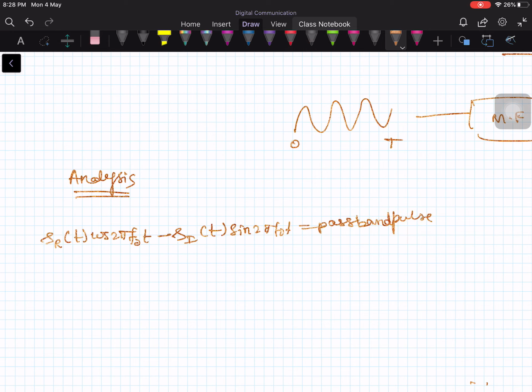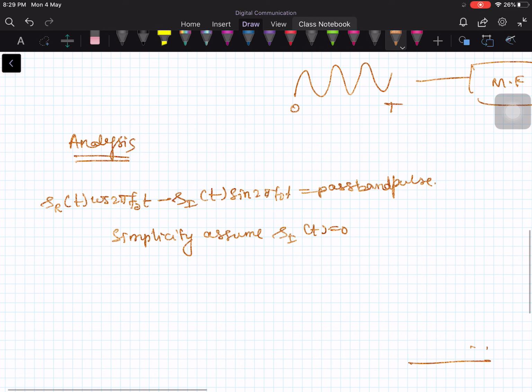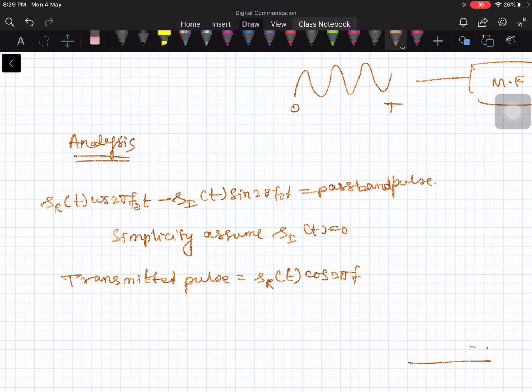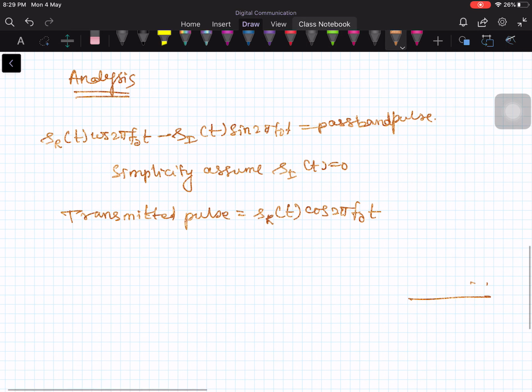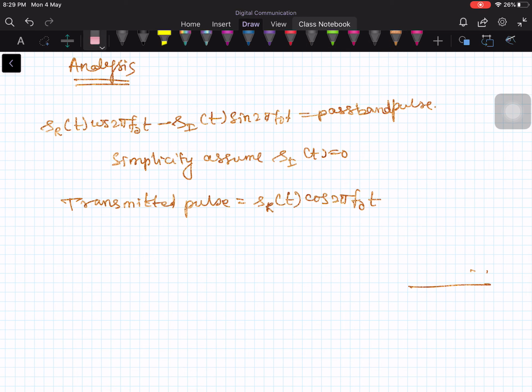Passband pulse. Now for simplicity, assume s sub I of t equal to 0. Therefore, my transmitted pulse equals s sub r of t times cos of 2 pi f naught t. This is my transmitted pulse, and this pulse is contaminated by noise.